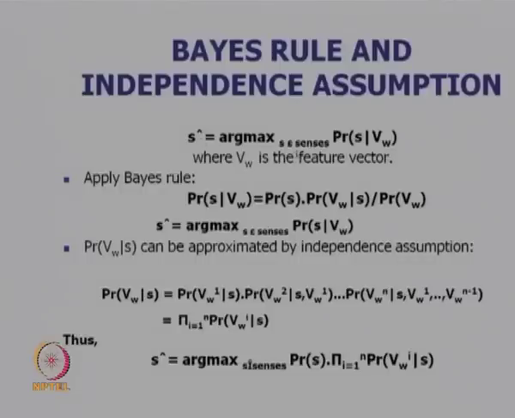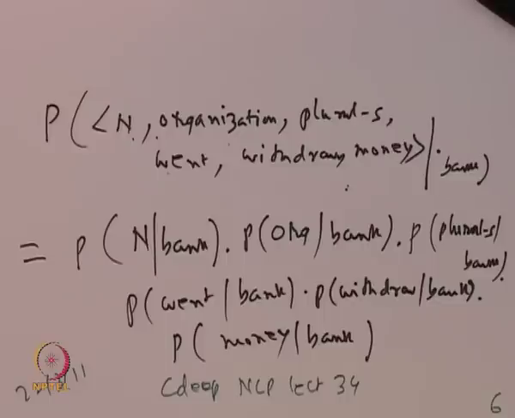S hat is argmax over all possible senses of P(S | V_W), where V_W is the feature vector. We have applied Bayes rule, and then you have obtained the product of features given the sense. All right. So, let us go to the paper once again, where we wrote the independence expression.